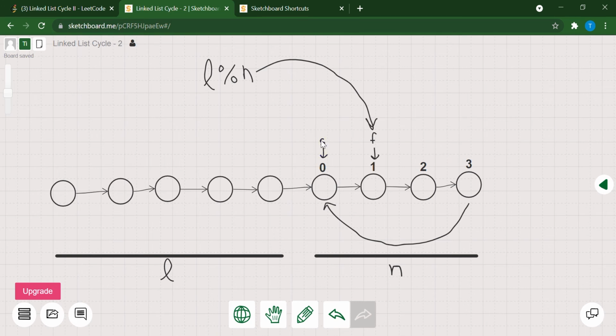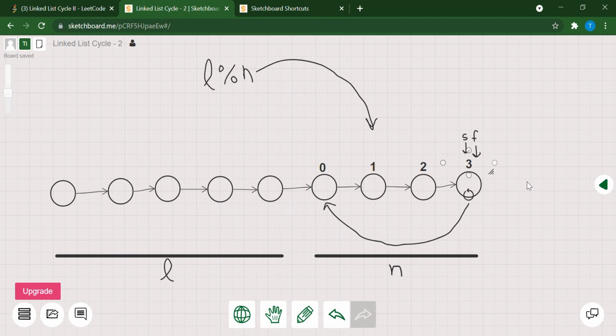That's pretty simple, right? It'll just end up at 1, 2, 3 here. And because we already figured out that the fast pointer is going to catch up to the slow pointer, it's going to be here too. So both of these are going to end up at this node 3, right?